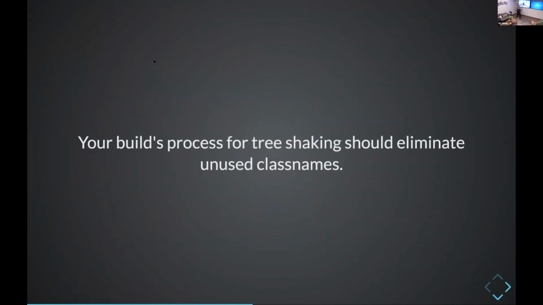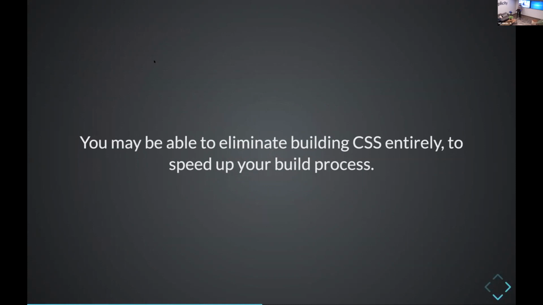Another benefit, your build process for tree shaking will automatically eliminate unused classes and class names. CSS modules and PostCSS have build tools that allow you to do this, but you don't have to if you use CSS-in-JS. It's automatically part of your build process if you use tree shaking. You may be able to eliminate building CSS entirely, simplifying your Webpack build, and speeding it up significantly.